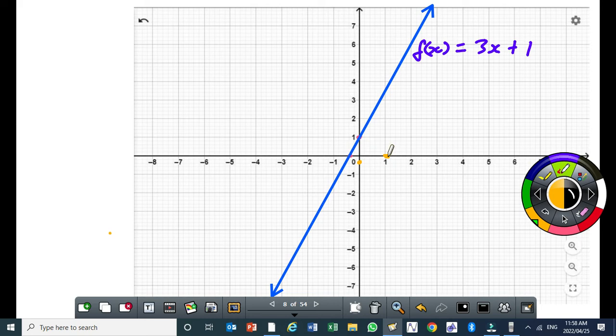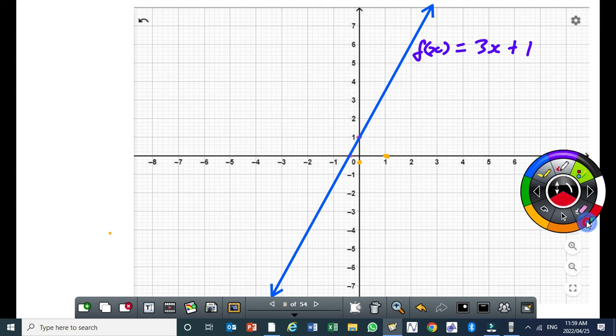Are you following? Right, then let's join those two. Now if I want to join those two, I need to be very careful. Let me change the color. Maybe this time I'll choose that one.